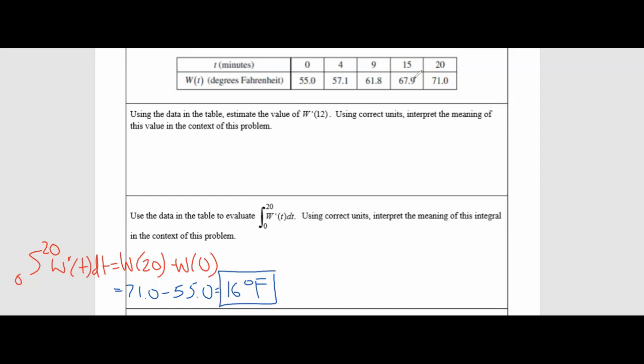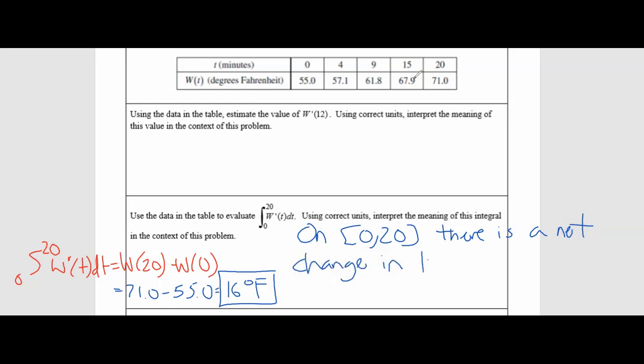So what does this mean in terms of context of the problem? Well, it means on the interval 0 to 20, there is a net change in temp of positive 16 degrees Fahrenheit.